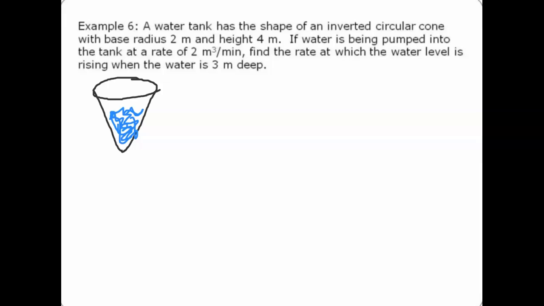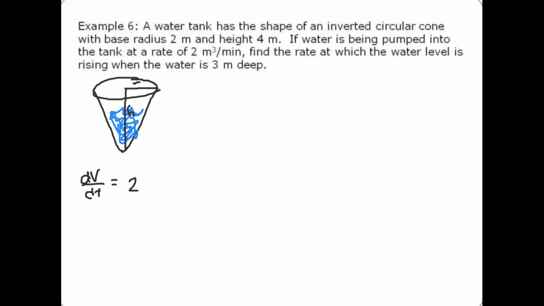And it says that the radius is 2 and the height is 4. So that means that the radius and the height have a proportional relationship. If water is being pumped in at a rate of 2 meters cubed per minute, a rate being pumped in would be 2.